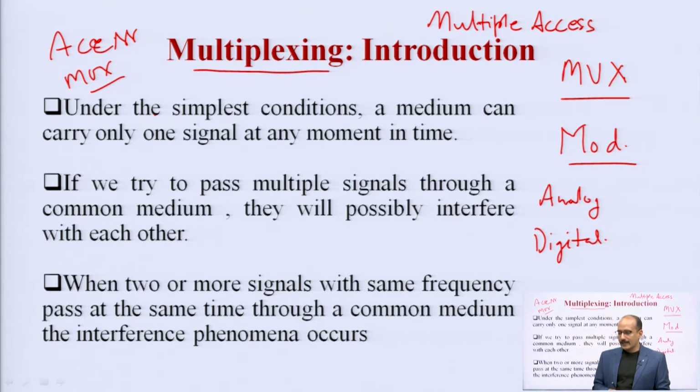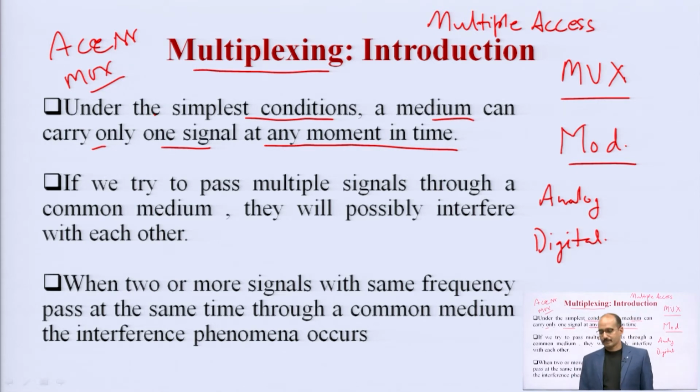So, in simple words, multiplexing is many inputs to one output. Under the simplest condition, a medium can carry only one signal at any moment in time. If we try to pass multiple signals through a common medium, they will possibly interfere with each other.